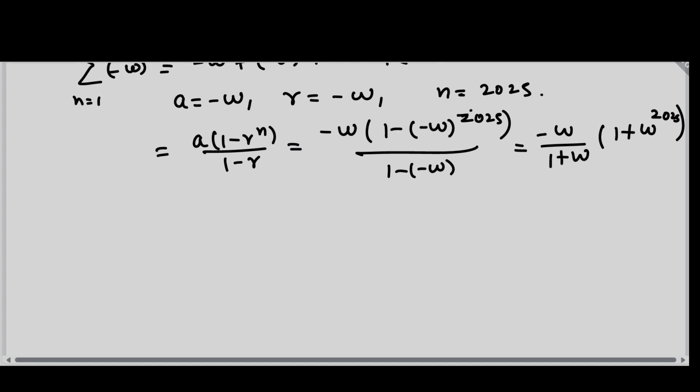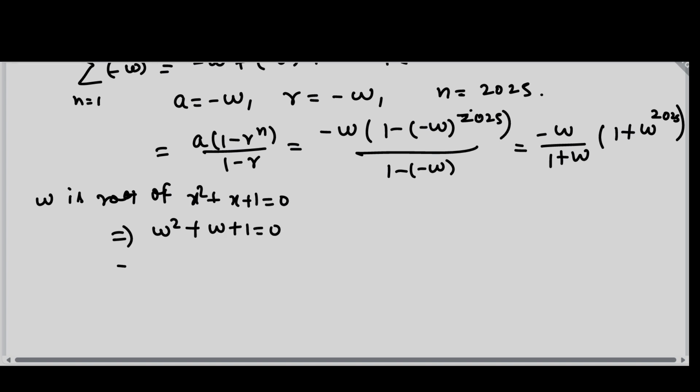Again, we know that omega is a root of the factor x square plus x plus 1 equals 0, so it satisfies this equation. So omega square plus omega plus 1 equals 0, which implies 1 plus omega equals minus omega square.